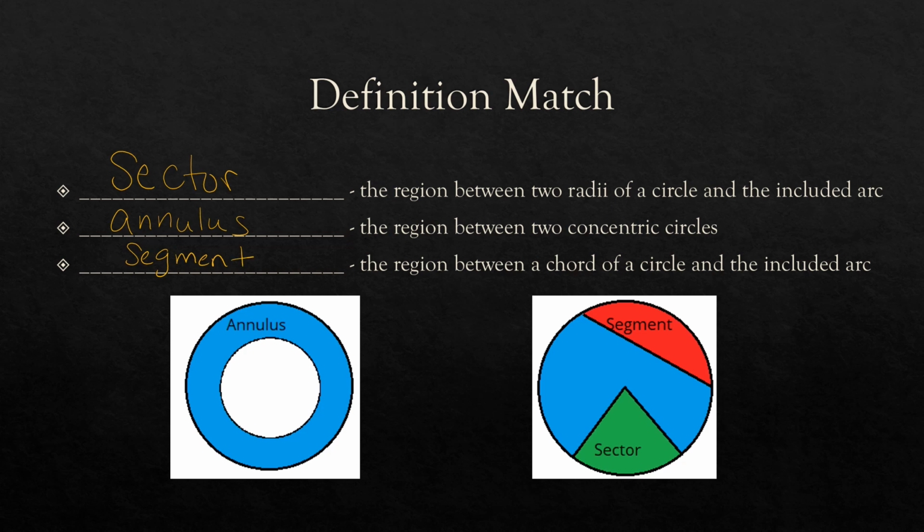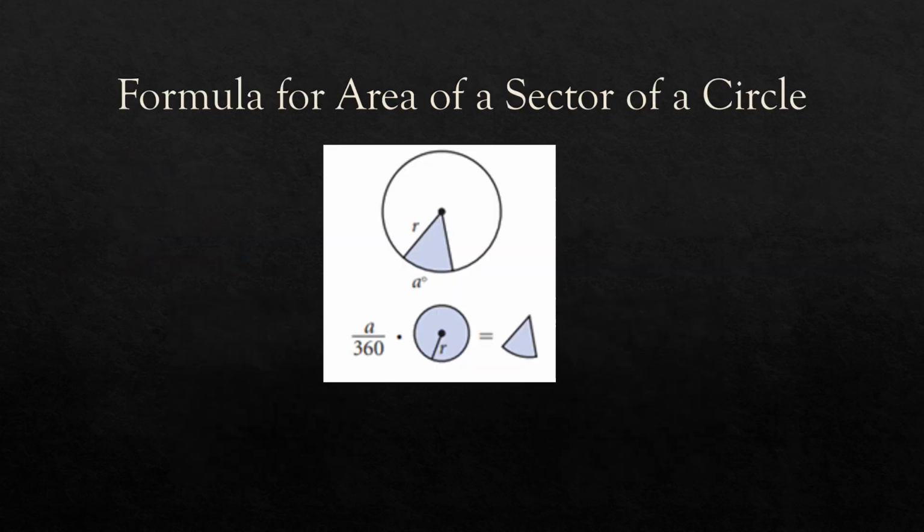Now let's figure out the formulas. The formula for area of a sector of a circle: here we have the picture of a sector. We notice that it's part of the whole area, and what part of the whole area is it? It's the part that is this measure out of the whole circle. So we have A, the measure of the arc, out of 360.